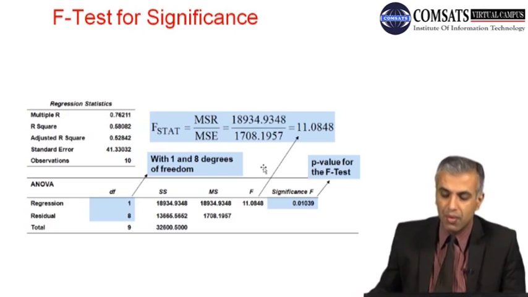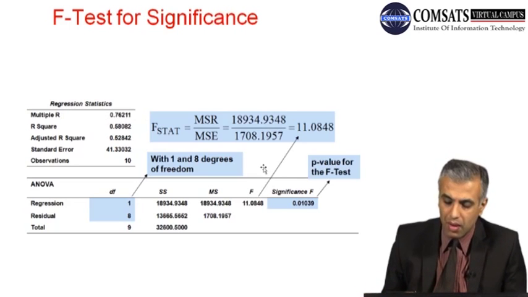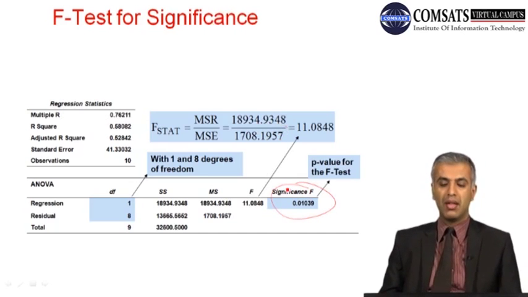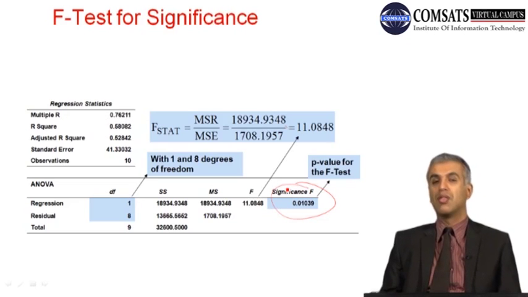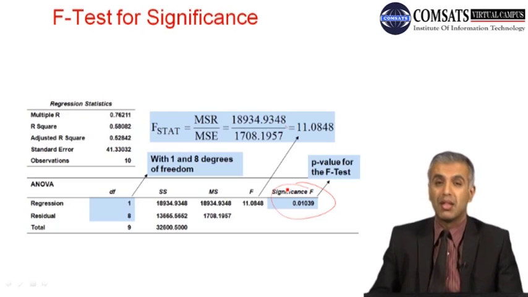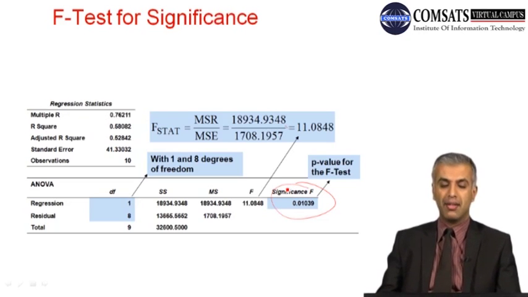Then again for the F test we are also reported the significance value here, and this significance value is based on the p-value, and we have to compare whether it's less than 0.05 or not, which is the standard benchmark for our level of significance. So if this is significant, which you can see, then we can accept that the model is valid.